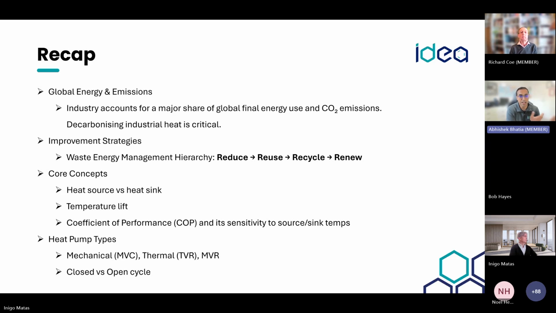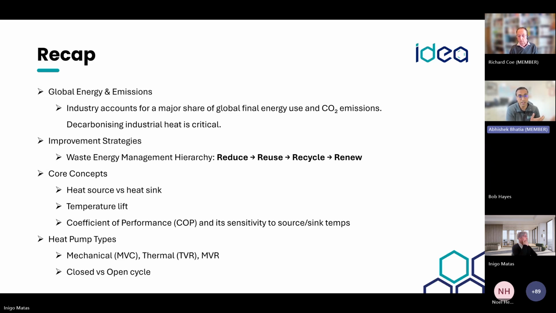Then we covered some of the factors like temperature lift, heat sources and sinks, coefficient of performance, COP, and the factors that affect performance. We also looked at different heat pump technologies like mechanical vapor compression, mechanical vapor recompression, and TVRs, along with discussing some of the refrigerants that are commonly used and how selection impacts heat pump efficiency, safety, cost, and regulations.